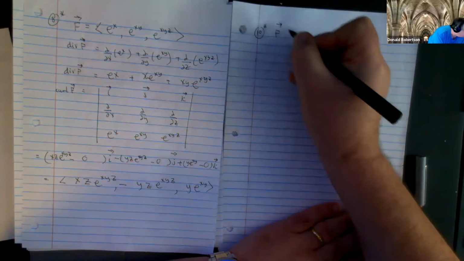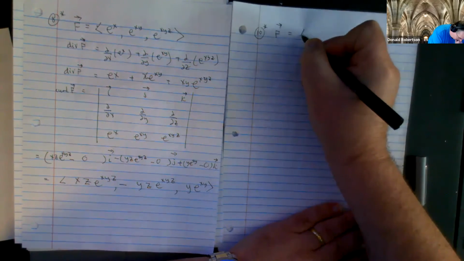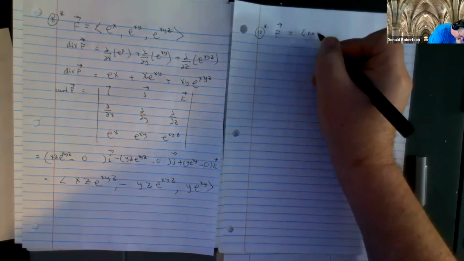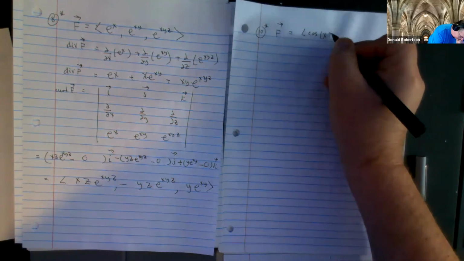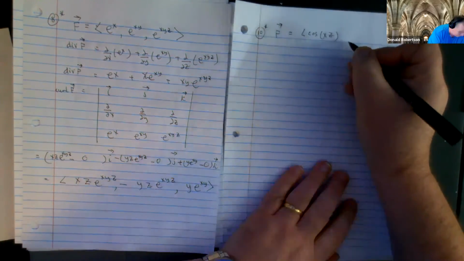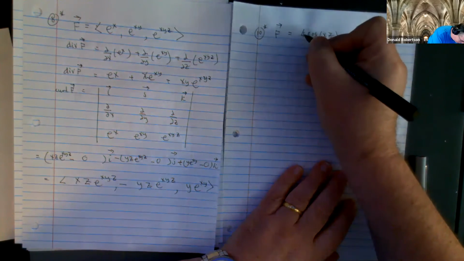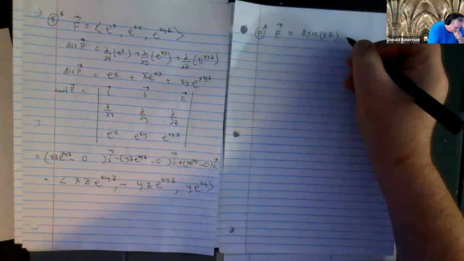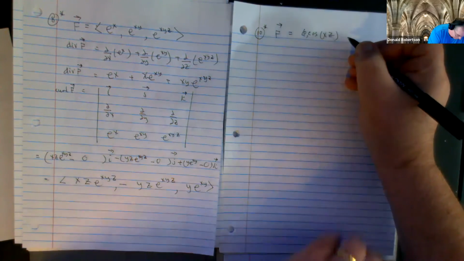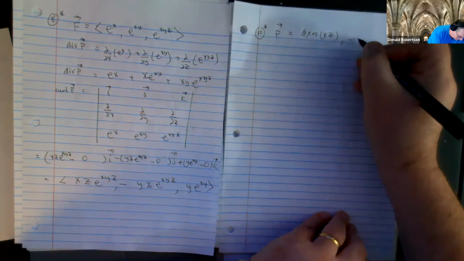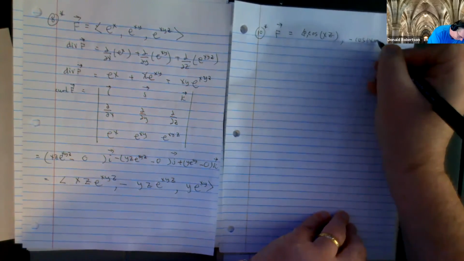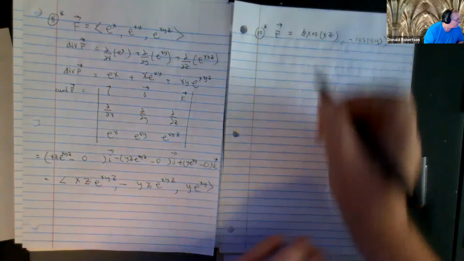Our vector field. Cosine of xz. Oh no, it's not. 0, comma, cosine of xz, comma, negative cosine of xy. Almost missed that term, it's missing.